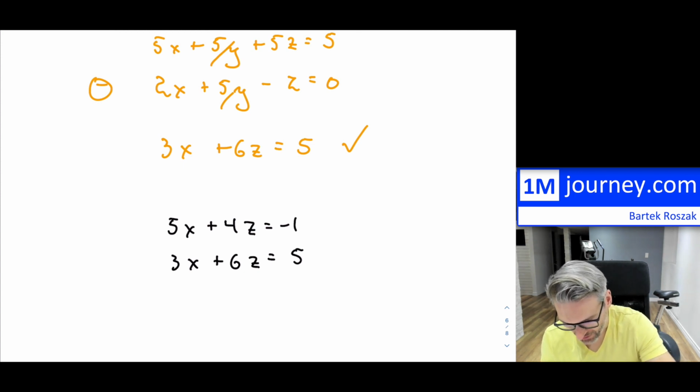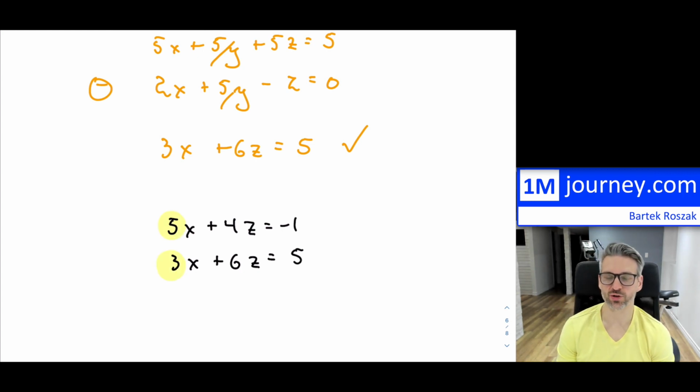Because you have a 5 and a 3, I can't just multiply the 3x by some nice integer. I would have to multiply it by a decimal or a fraction to get it up to 5, and I could certainly do that. I can multiply it by 5 over 3. So that's something that I can do.